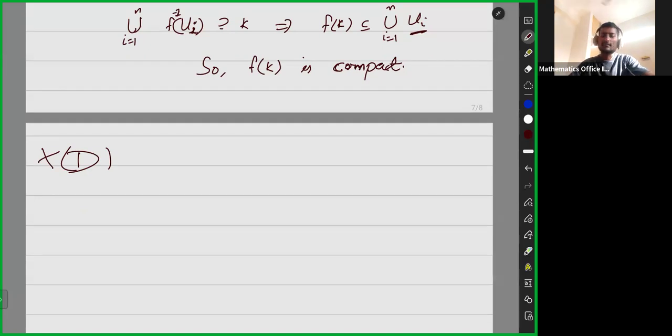But open intervals, are they complete? Let's say the open interval (0, 1). Is open (0, 1) complete? Let me say again what the definition of completeness is.